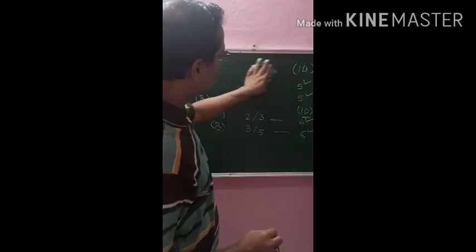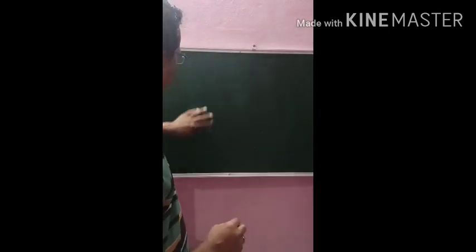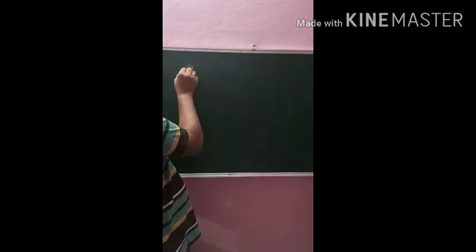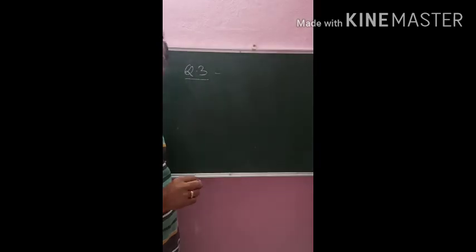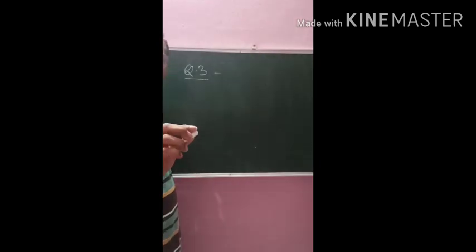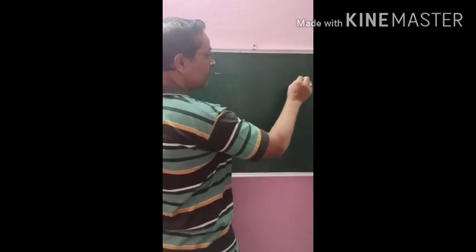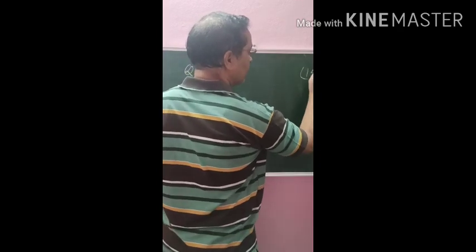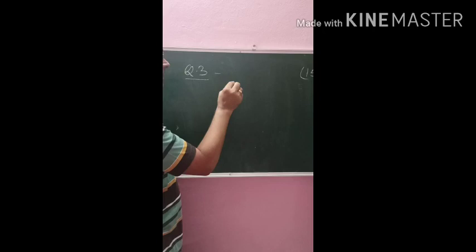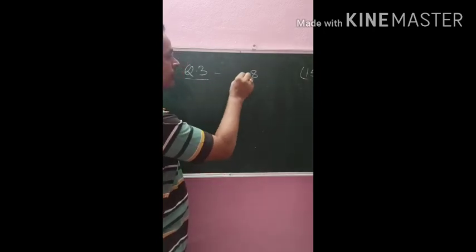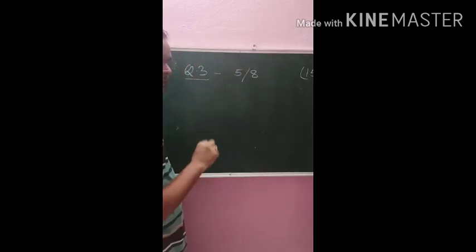Then let us see question number 3. It is for long answer questions, that means 3 marks questions, and this question is for 15 marks. Here there is an option. Out of 8 questions, we have to solve 5 questions.